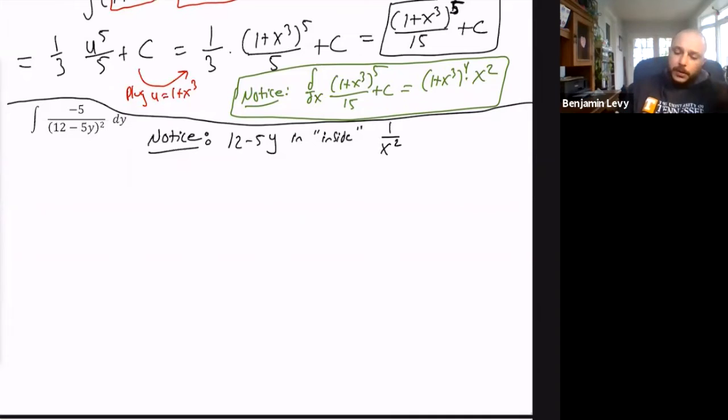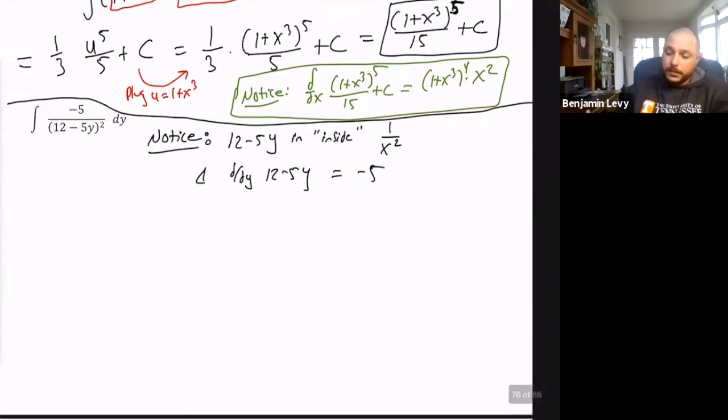And the other thing that you should notice is that when we take the derivative of that, we get the number 5. And so to the point that was just asked a second ago, that's a constant, but 5 is also in this problem, right? 5 is right here. And so 5 is part of the solution as well.